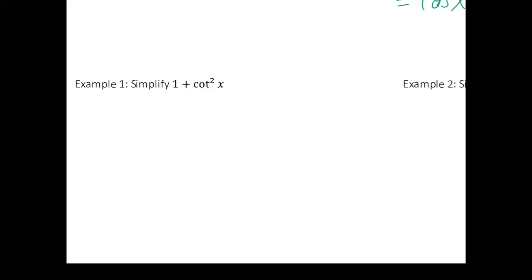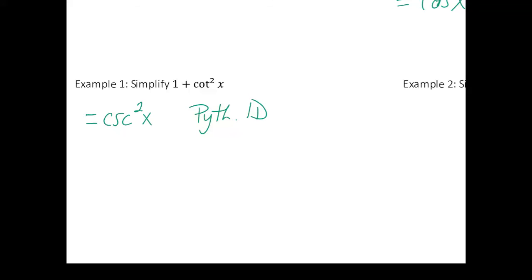If I look at my notes, or if you have your formula sheet, in the Pythagorean identities there's one that's written 1 plus cotangent squared x equals cosecant squared x. So this one I can simply rewrite in the form cosecant squared x because of the Pythagorean identity.